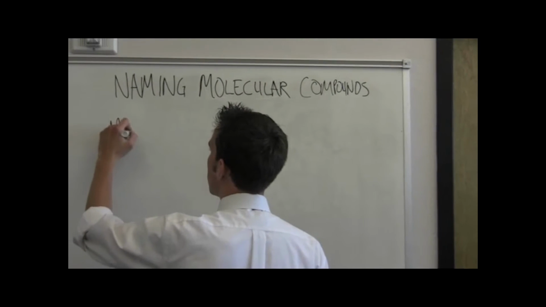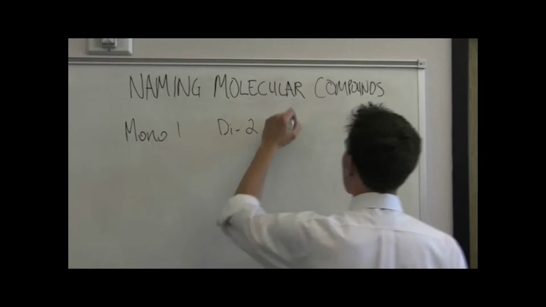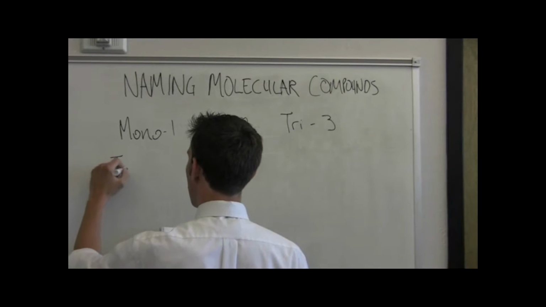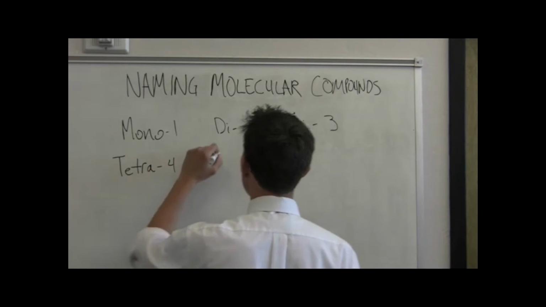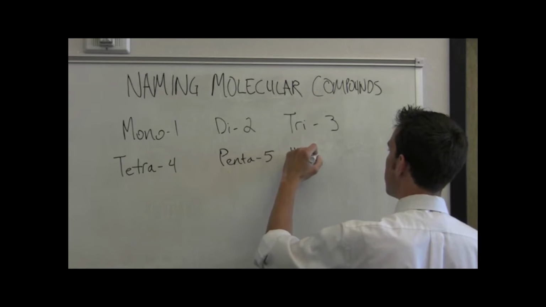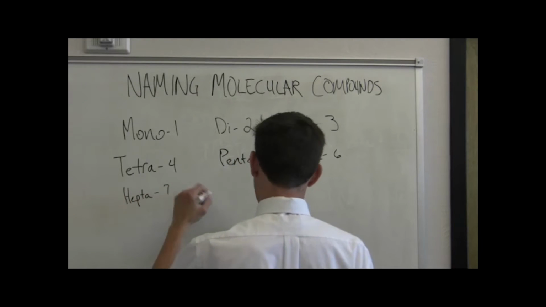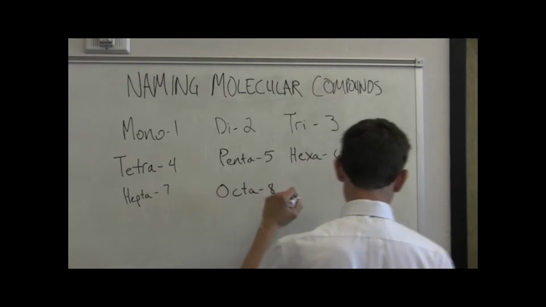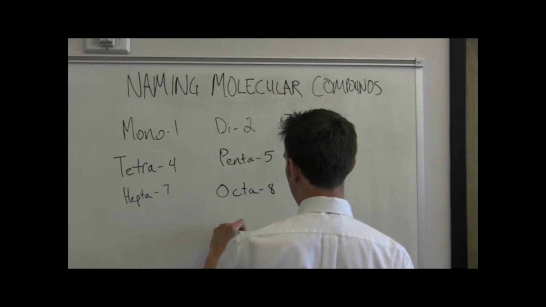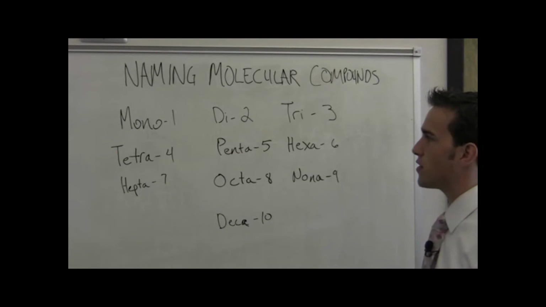We have mono for 1, di for 2, tri is 3, tetra is 4, penta is 5, hexa is 6, hepta is 7, octa is 8, nona is 9, and deca is 10.